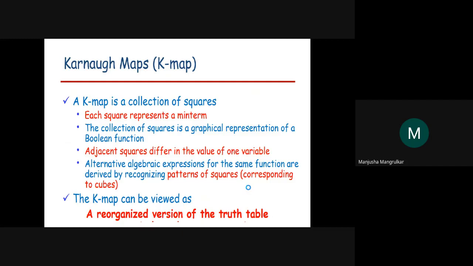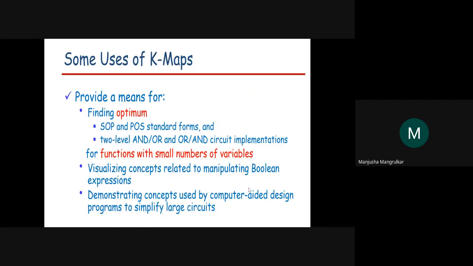Squares, right? We'll see. Now, what is the use of the K-map? It finds the optimized equation, the sum of product and product of sum standard forms, the two-level AND-OR forms.